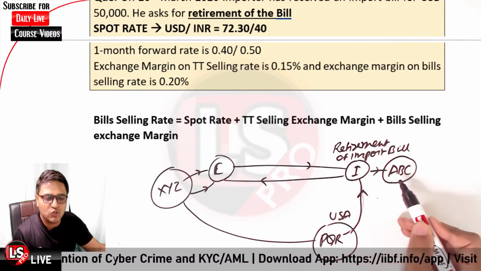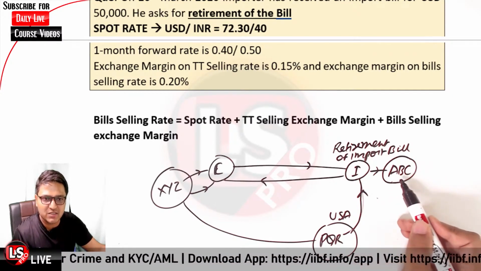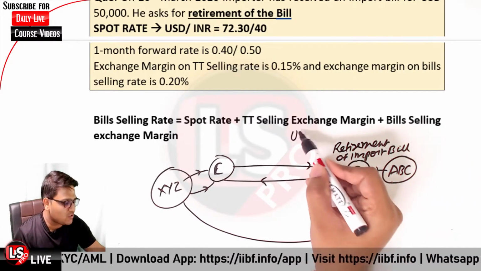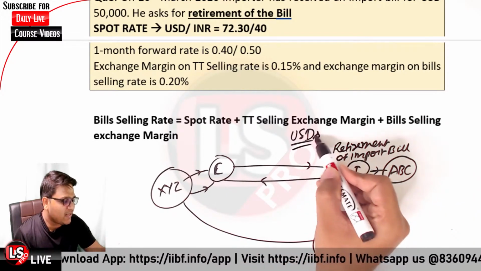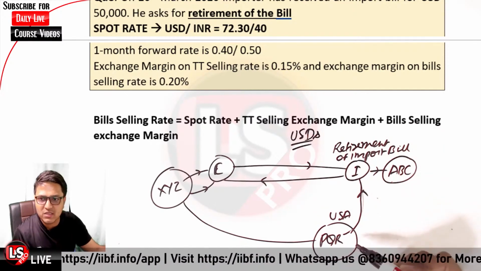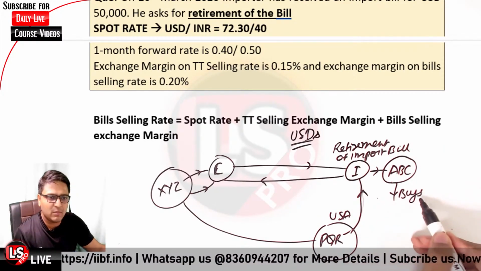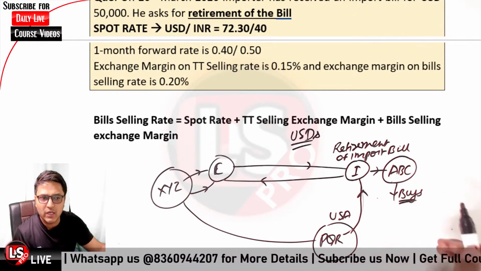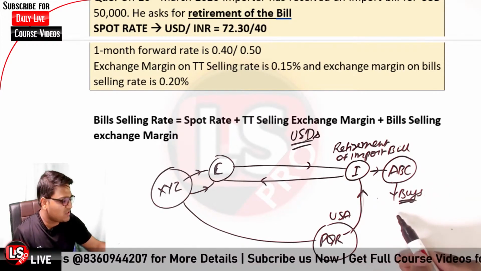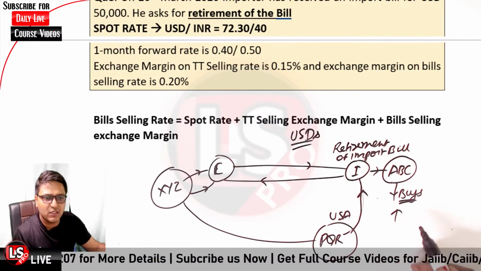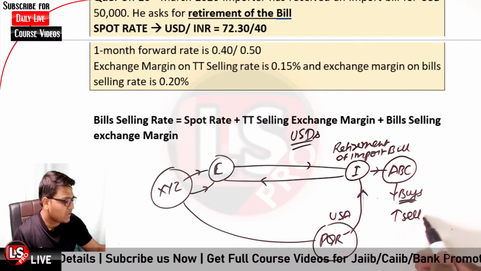Let us assume the bill was drawn in USDs. In that case, the bill amount is to be paid in USDs. So ABC bank wants to buy USD, and ABC bank will be buying the USDs at the selling rate.